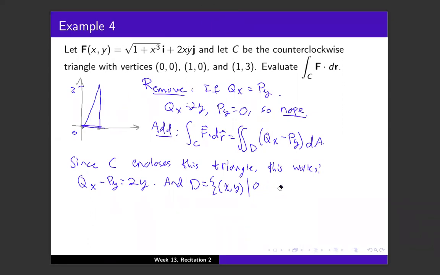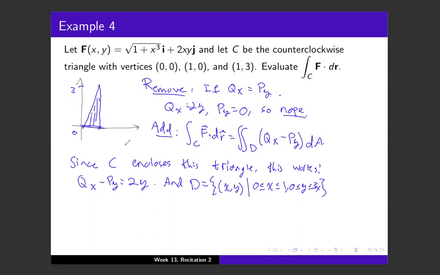So I'm going to instead do this as a type 1 region, because you have to deal with fewer fractions that way. x is going from 0 to 1, and y is going from 0 to 3x. There we go. That's what I wanted to say.